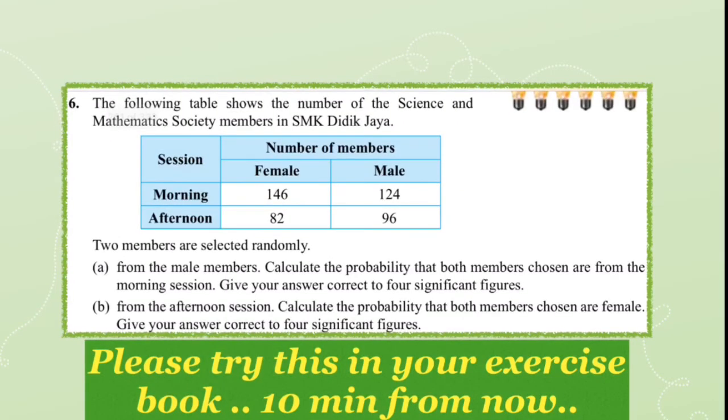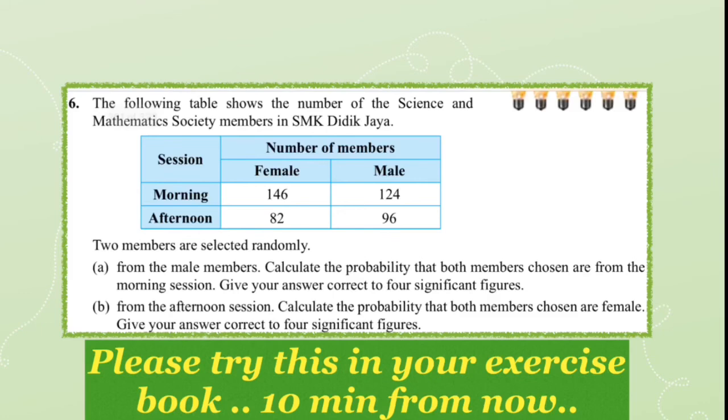Let's discuss question number 6. The following table shows the number of the Science and Mathematics Society members in SMK Didik Jaya. Please study the table, numbers of members. For session morning, female 146, male 124.